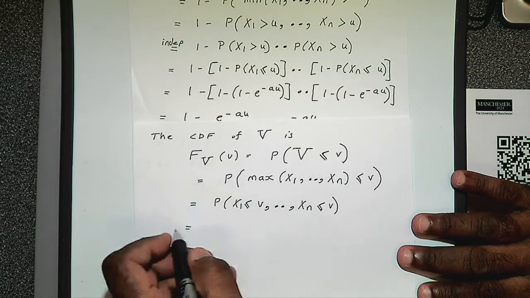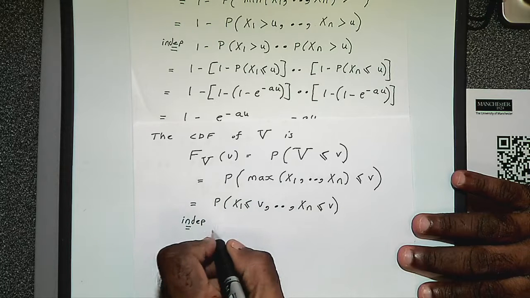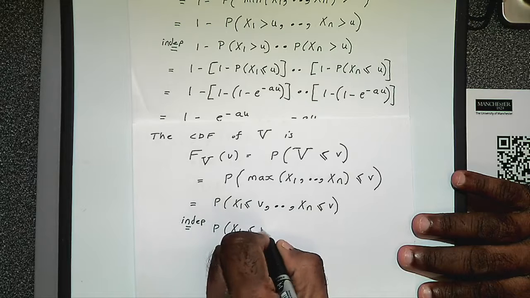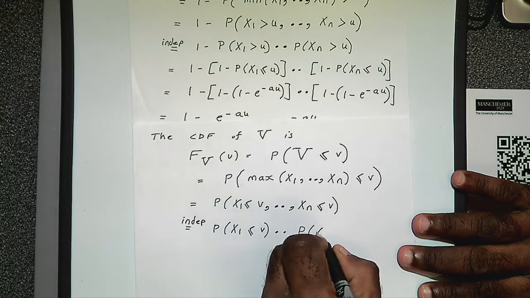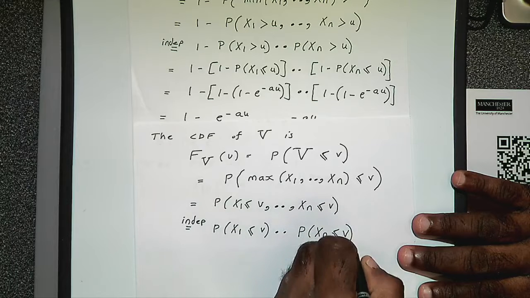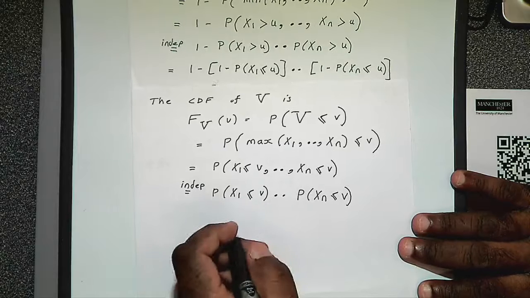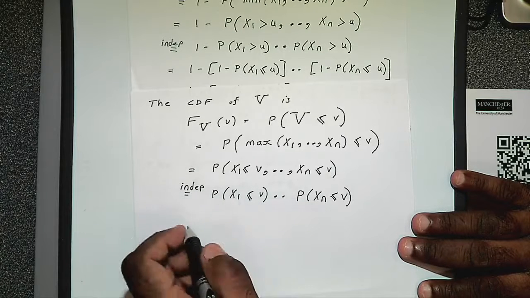Now in the next step, I'm going to use the fact of independence. Because of independence, you can write this probability as this.